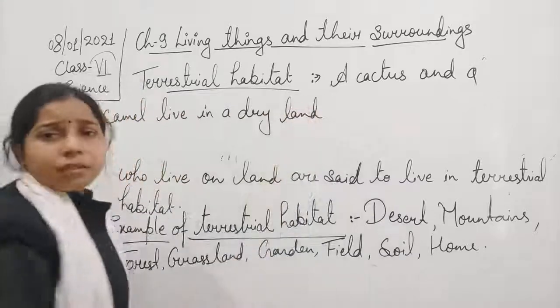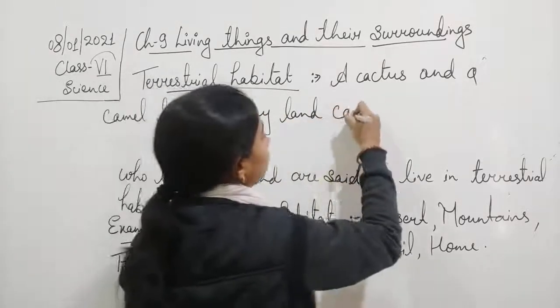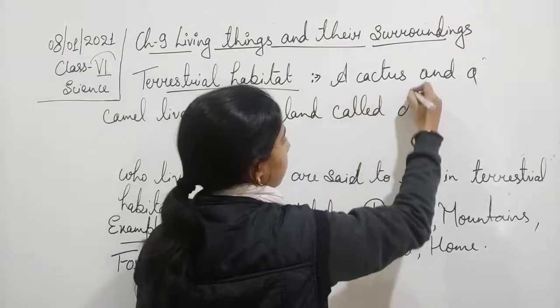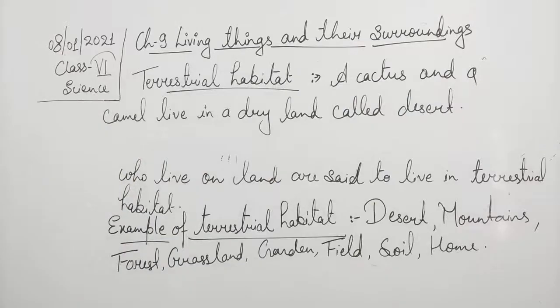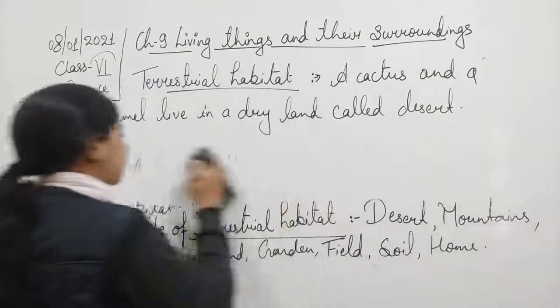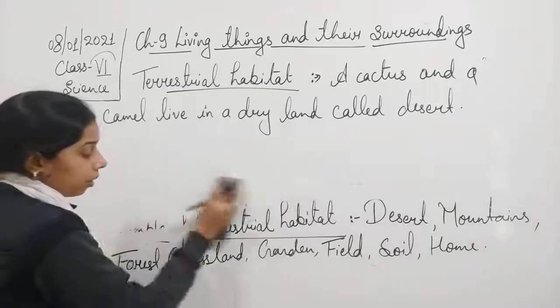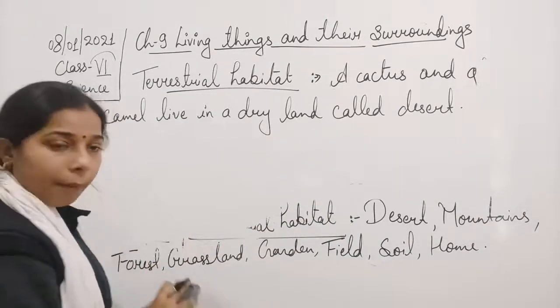Desert means what? It is dry land only. Since they are living in the desert area, absolutely they belong to the terrestrial habitat.